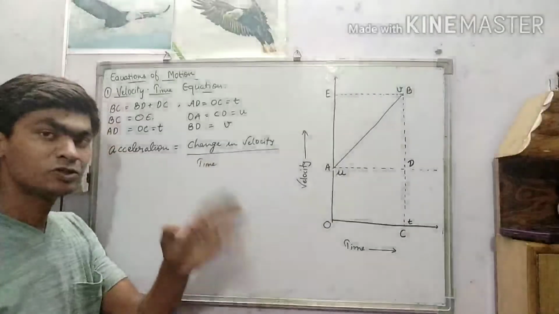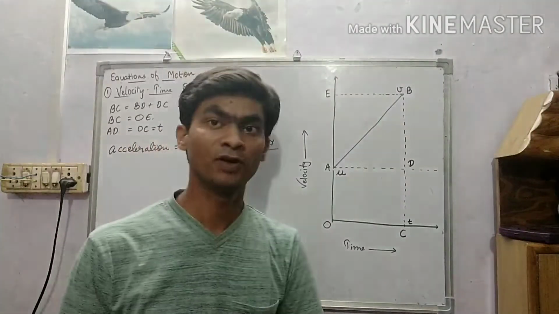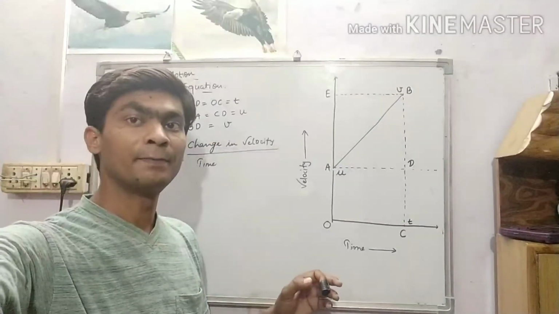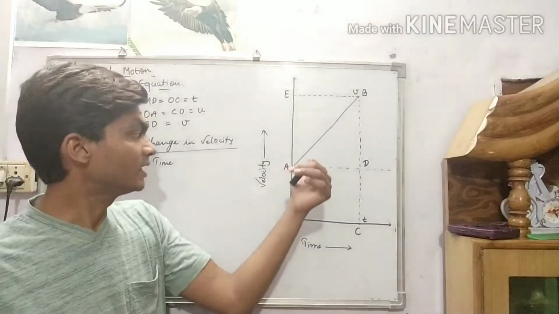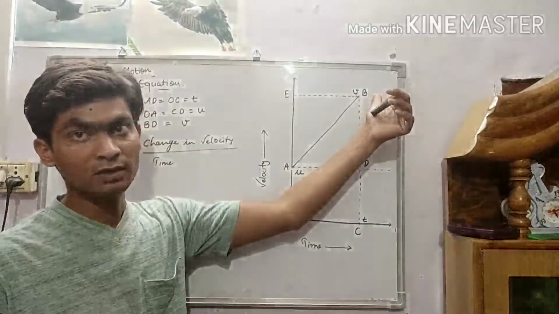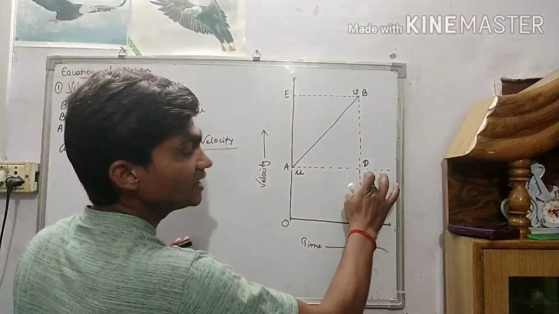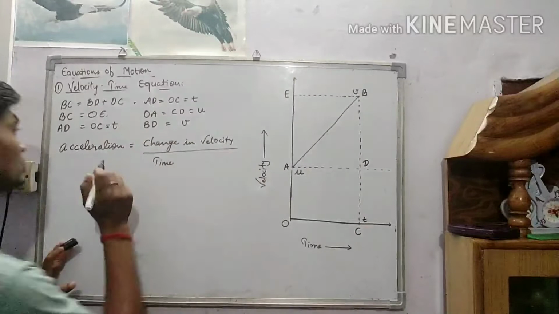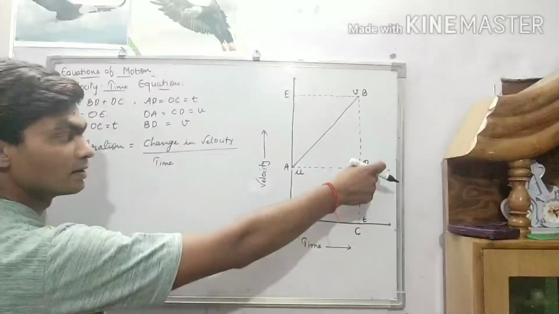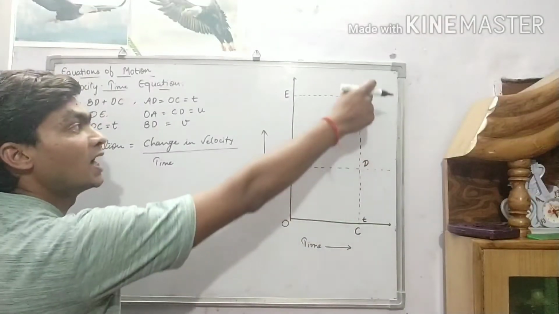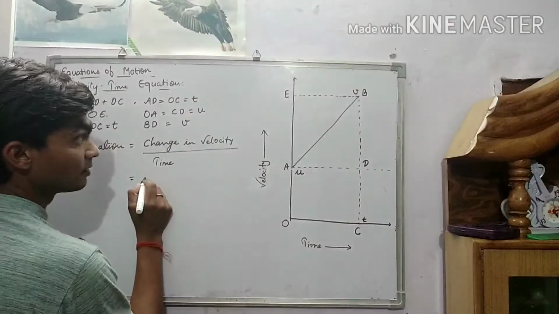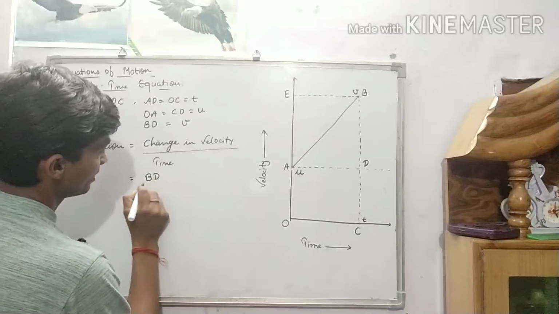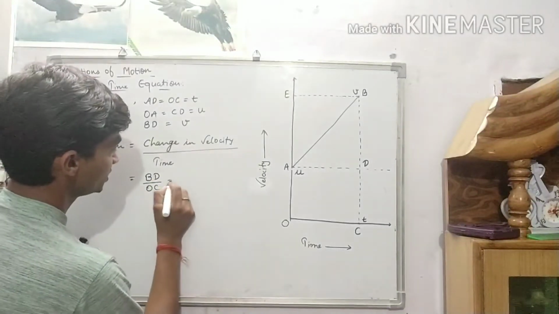So how much change is there? As you can see from the figure, the change happens from D to B. The velocity at D is U, and at B it is V. So the change will be BD, and the time is OC.